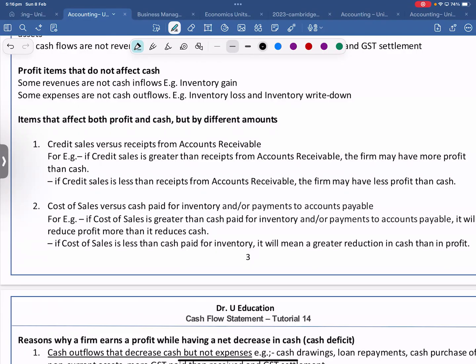But when we report credit sales in the income statement, no GST is reported, so it's not revenue. And if credit sales are greater than receipts from accounts receivable, the firm will have more profit than cash, and vice versa.